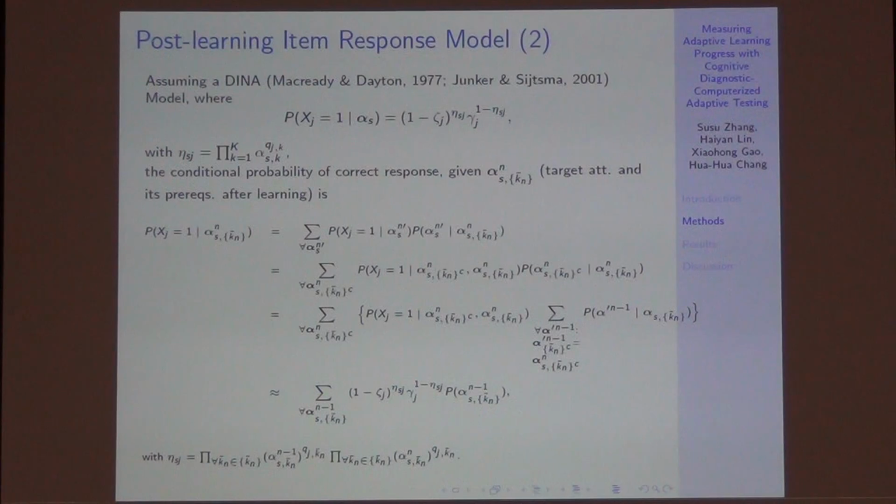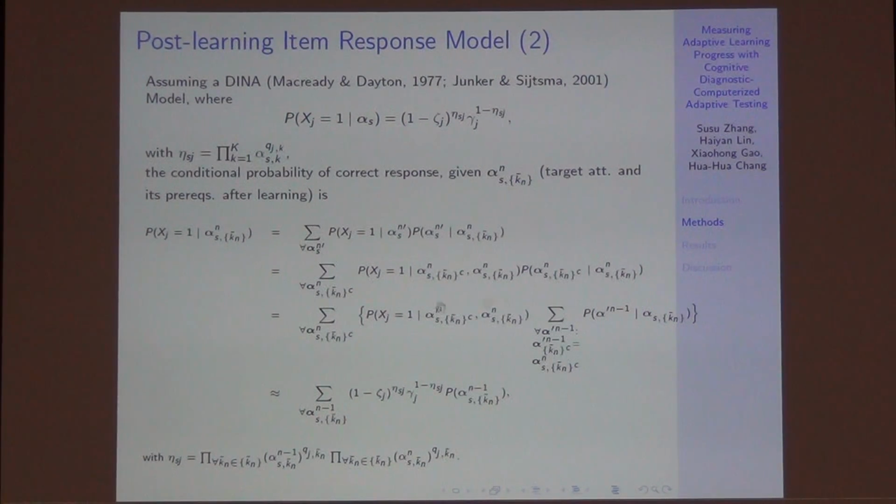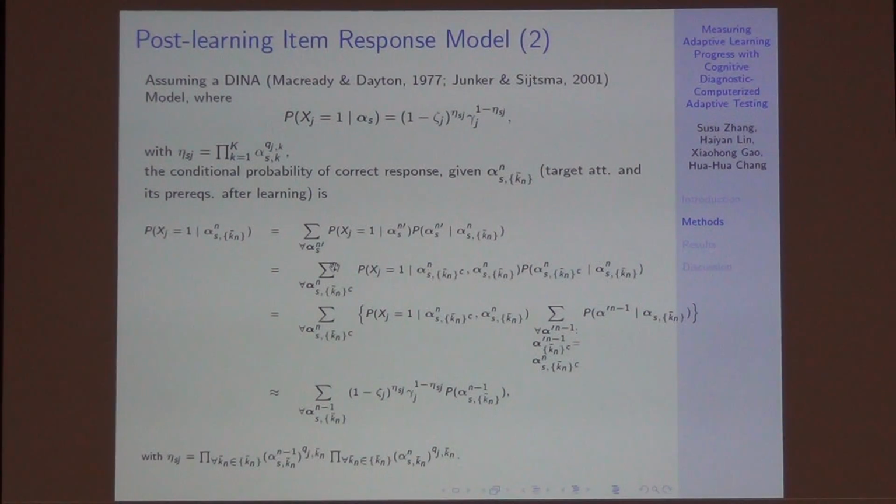And if we assume a deterministic input noisy AND gate item response model for simplicity, we can figure out the conditional probability of correct response given a subset, the target attribute and the prerequisites after learning over here using the conditional law of probabilities. And using some mathematical derivations, we can figure out that this is equal to this one over here.